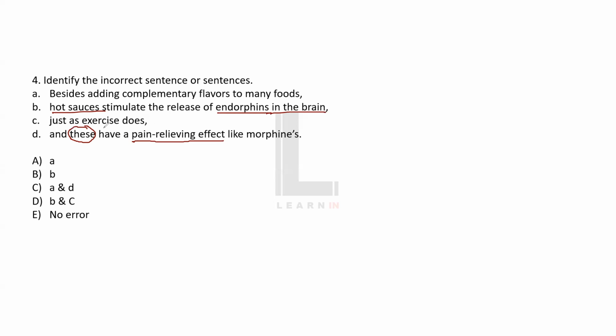Stimulate the release of, just as exercise does, and these have a pain relieving like morphines, right? Okay, remember, whenever a pronoun would come as a subject of the later sentence, okay, and we have and for either we can use fanboys here, right?